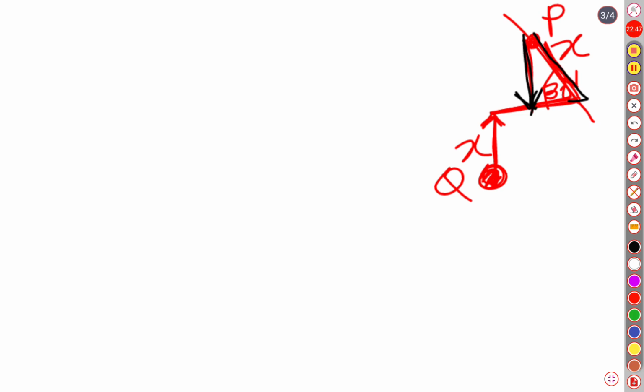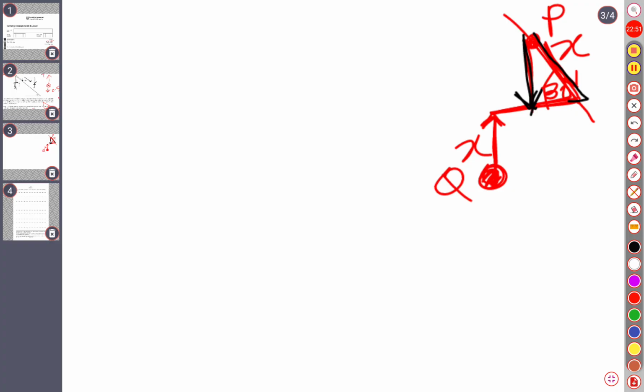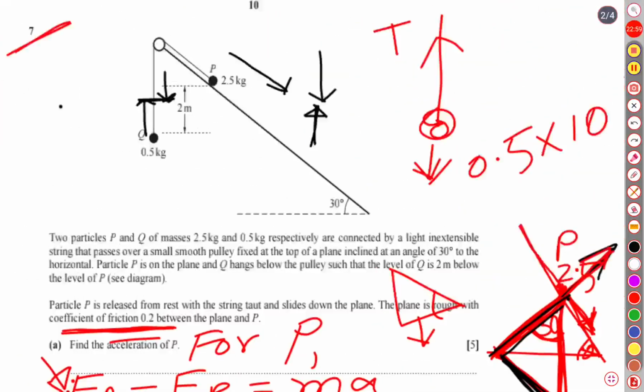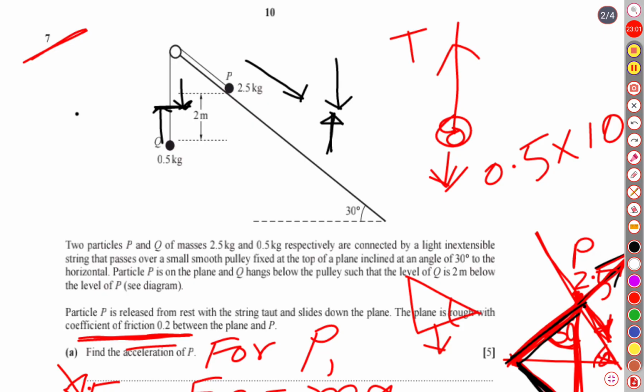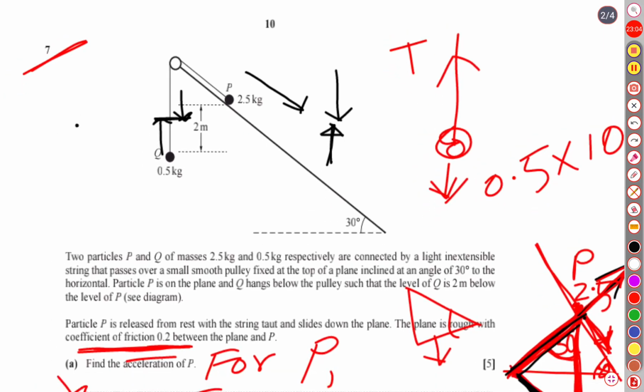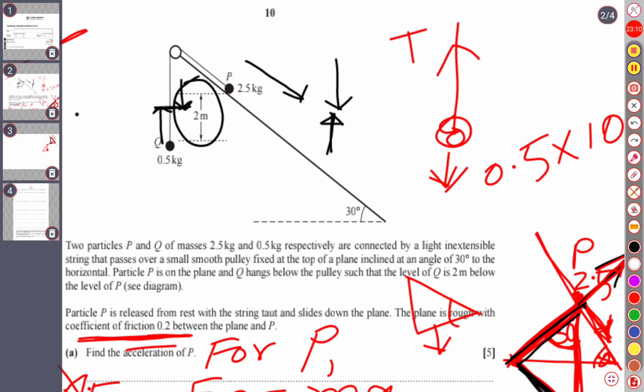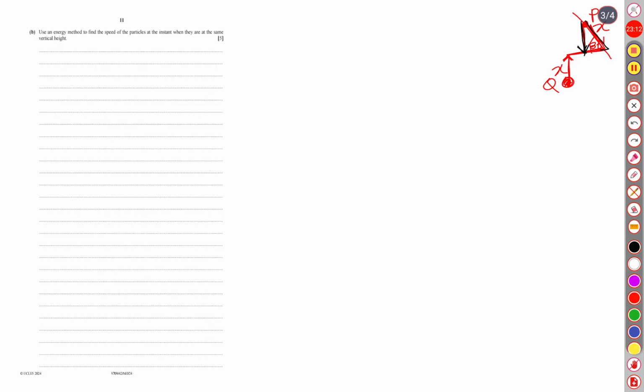So let us see the total distance from Q. Look at this, from the figure we can see it is written that the distance between them is 2 meter. A height in between the particles is 2 meter. So our total distance is going to be 2 meters.